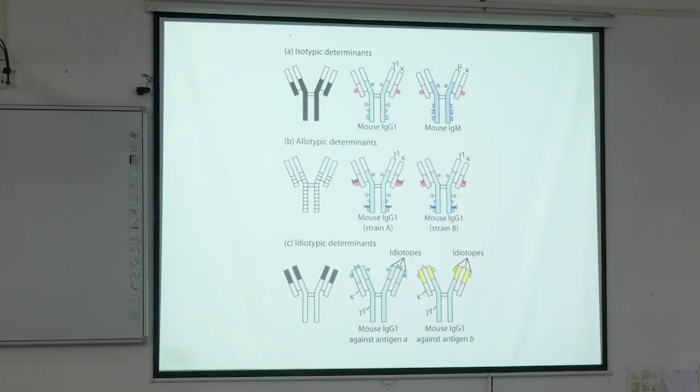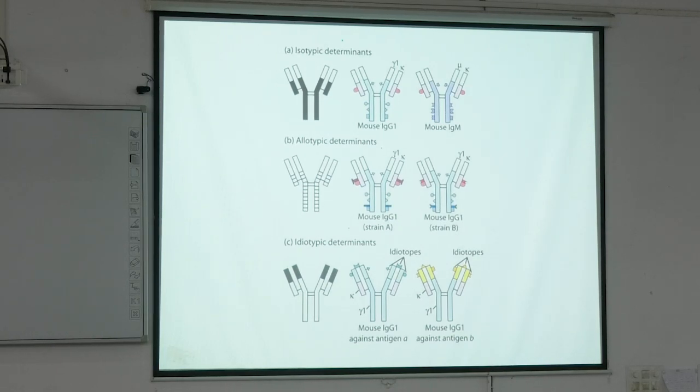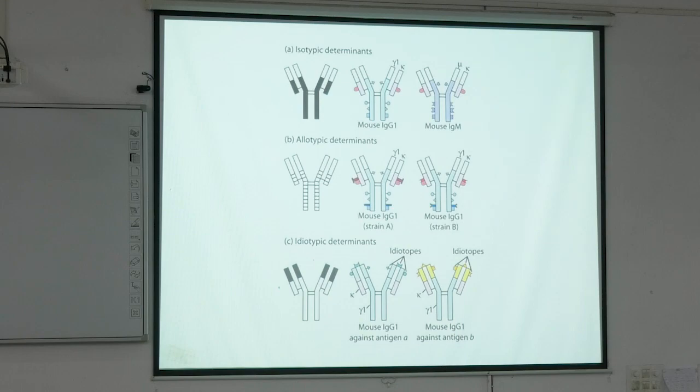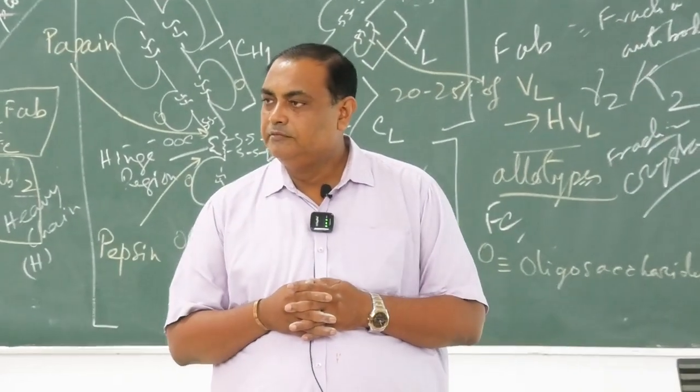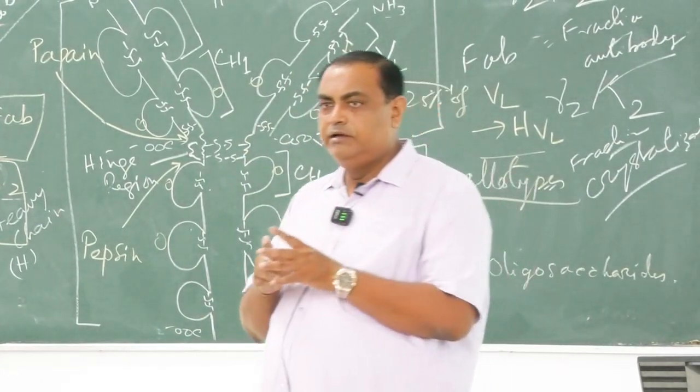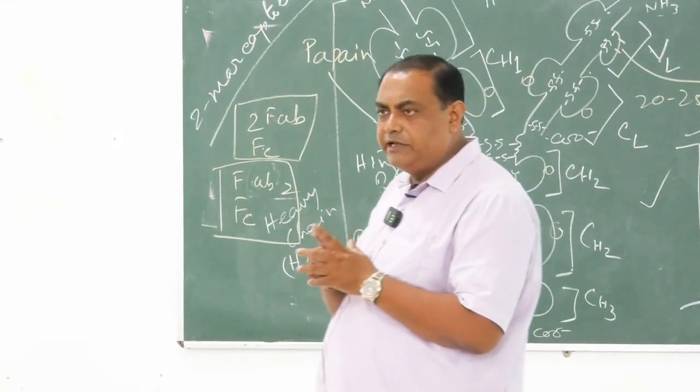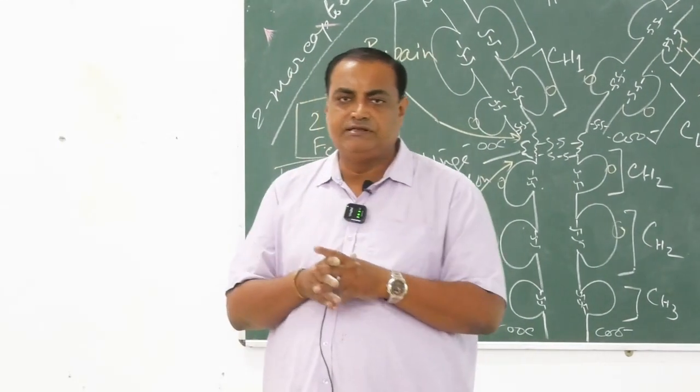Idiotype: same body, same disease. Mouse IgG1 against antigen A, mouse IgG1 against antigen B. Same antibody against two different antigens, produced by the same species.